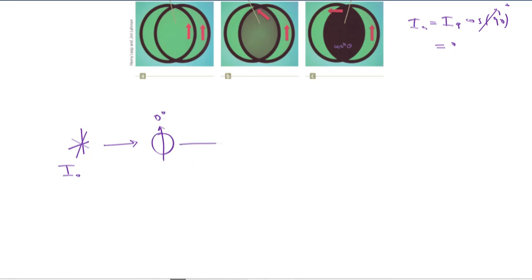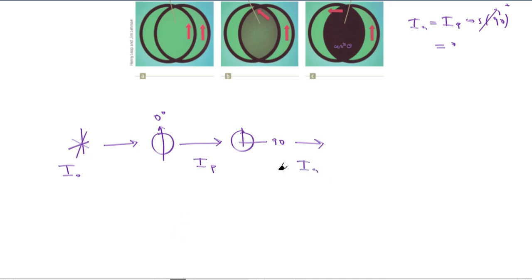When it comes out of the polarizer, we'll say that's I_P. Now, the situation I just described was an analyzer at 90 degrees with respect to the polarizing transmission axis, and we said that's equal to 0.